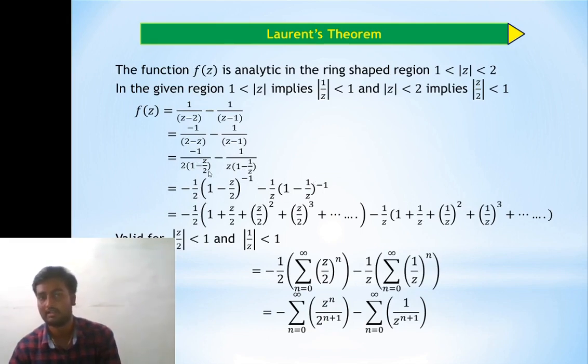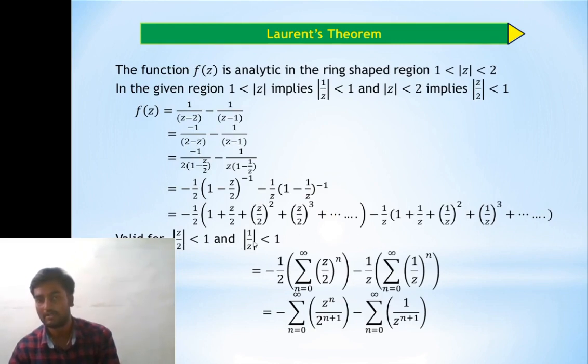The denominator goes to the numerator, so its power is negative. We know the series expansion of 1 minus z whole power minus 1 is 1 plus z square plus and so on. In place of z we have z by 2, and for the other term, minus 1 by z, it is 1 plus 1 by z, 1 by z whole square, plus and so on. The first term's expansion is valid when mod z by 2 is less than 1.